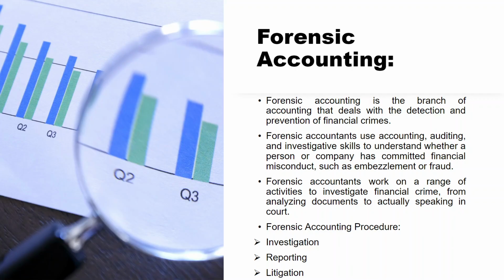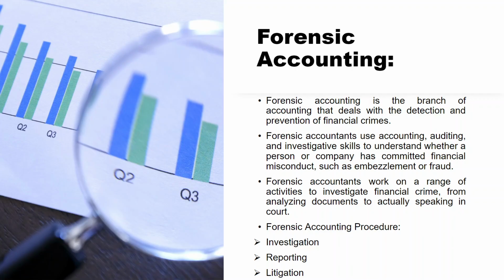The second one is the reporting, which means a proper authenticated report is prepared about the financial crime with sufficient proof to prove that fraud through the legal process and in the court. That is the second step. The last one is the litigation.